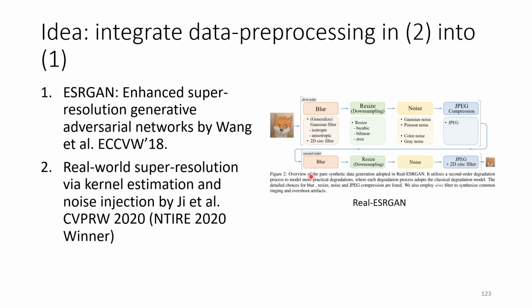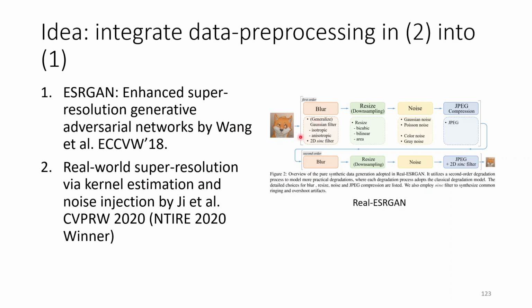When I have high resolution image data, I generate a lot of different kinds of low resolution, noisy images. And I use those training samples to train a comprehensive model. So the model can deal with any kind of degradation. So this is Real-SR.